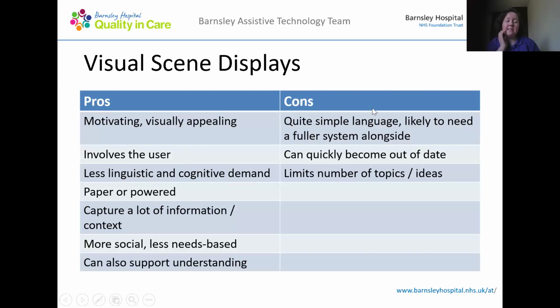So it depends on the person. For example, it would be hard to use a visual scene to portray some things that we might convey in language. Talking about something you did at the weekend, you'd have to have lots of photos. It would be difficult to have that in just a couple of visual scene displays. Some things like love, for example, would be hard to get across in a visual scene because it's just a photo of a scene.